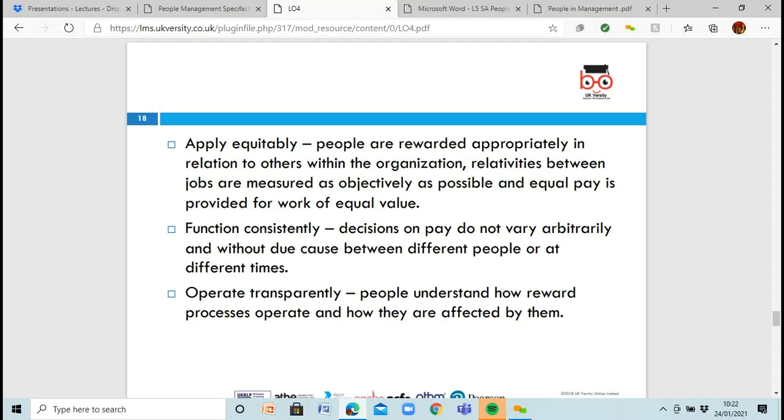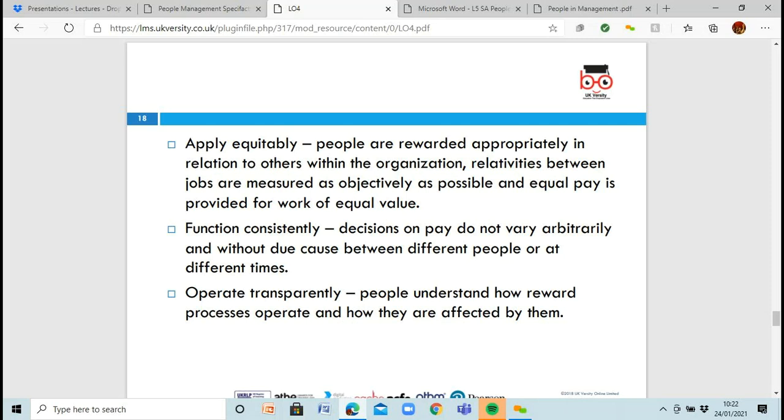So when people are rewarded appropriately, in relation to what they're doing for the organization, the relativities between the jobs are measured as objectively as possible, and equal pay is provided for work of equal value. So you're going to make sure that you're giving them a reward that is equitable to what they're actually doing.